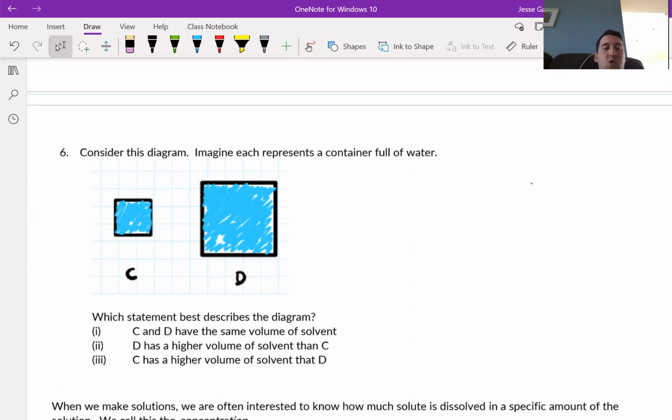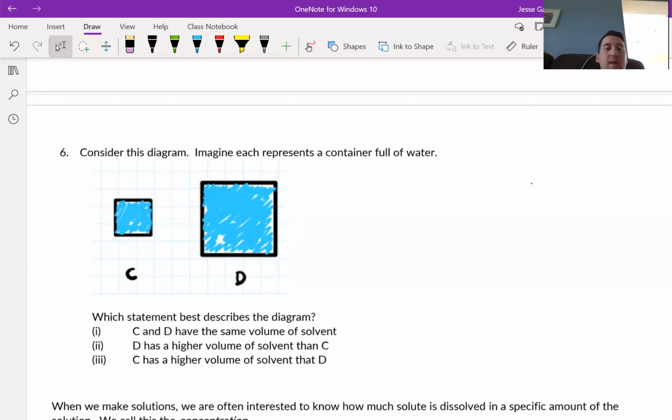Now, I know this is in 2D, so volume is in 3D, but it's very hard for me to draw that, so I just did it in 2D. Unless there's something really weird going on in the third dimension behind the computer screen, we could definitely assume that D is a bigger box or bigger container than C.